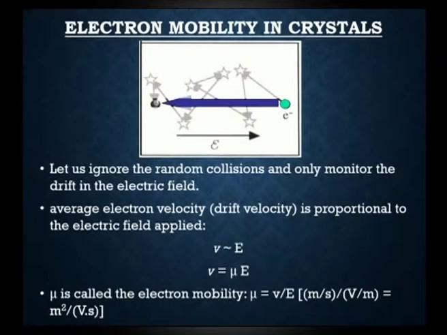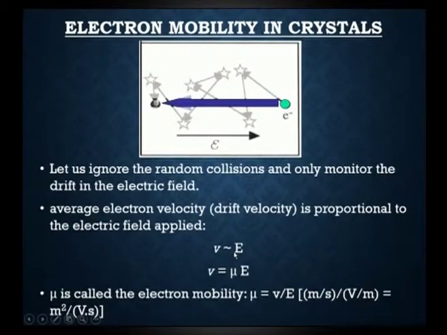Next we move on to the important part: how the conductivity depends on the electric field. Let us ignore the random collisions and only monitor the drift in the electric field. The average electron velocity is proportional to the applied electric field.